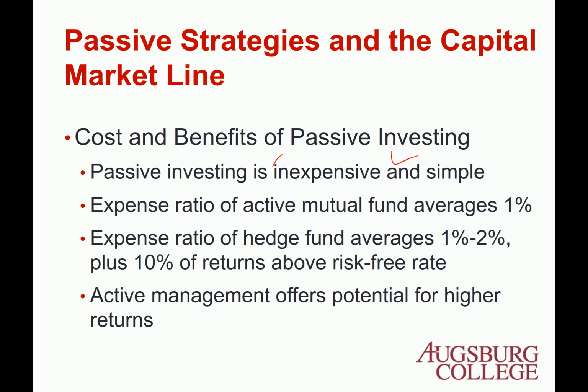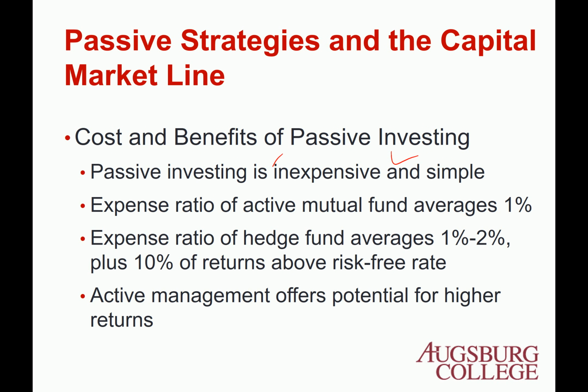Now, the expense ratio of a hedge fund averages 1 to 2% plus 10% of return above the risk-free rate. Hedge funds more aggressively try to find the mispriced ones, so they spend more money, and they make a little bit more than the passive strategy or a normal active strategy.